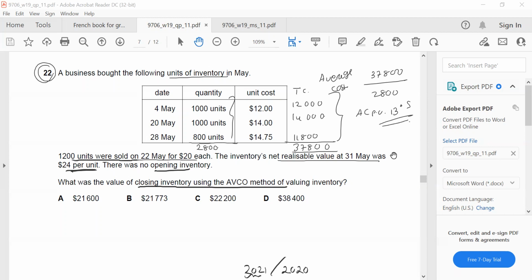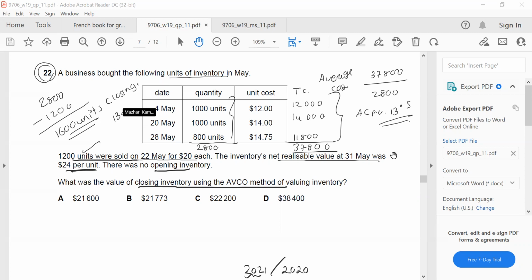Yes. Okay. From 2,800 units, you've sold 1,200 units. So what is the balance number of units that you have? 1,600 units, this is your closing inventory.